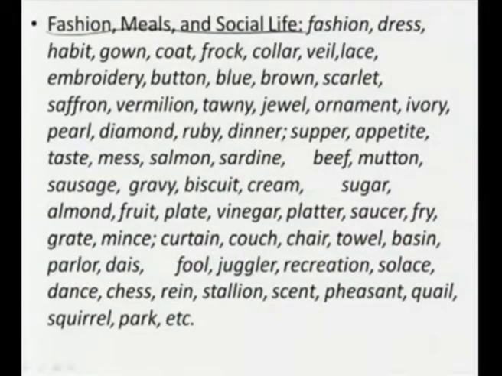Also from fashion and meals and social life, cultural life in general. These are some of the words which I have taken from various sources.